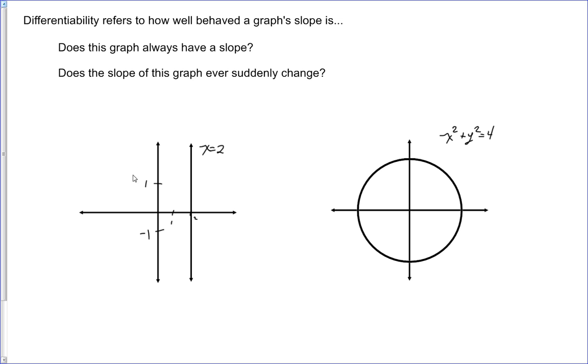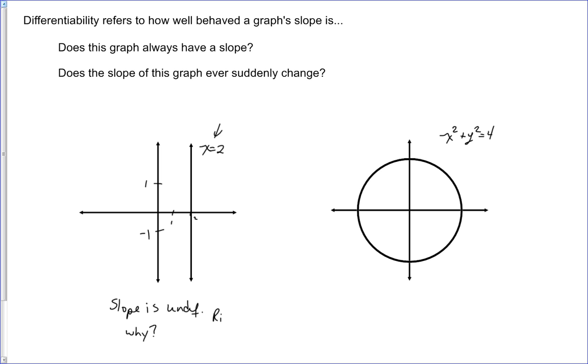Alright, for example, let's look at this graph. It's the graph of x equals 2. It's simply a vertical line at x equals 2. What's the slope of this line? Well, the slope of the line is undefined. Why? You should all be able to answer this question.